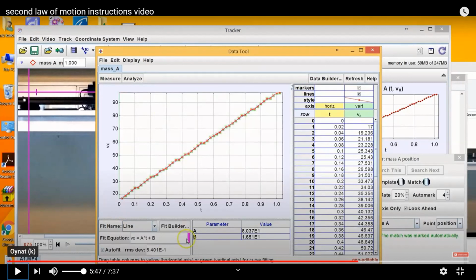Since the velocity time graph is linear, the fit name should be selected as line.